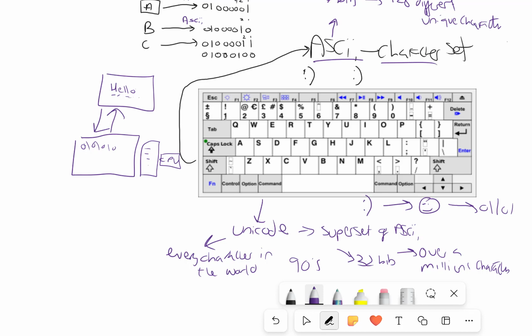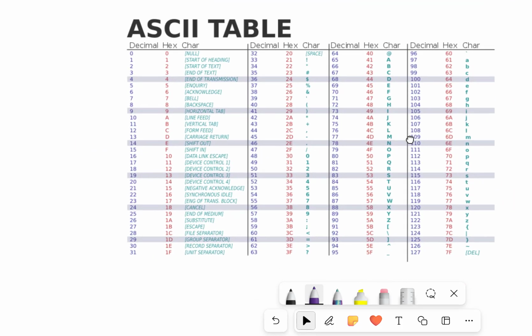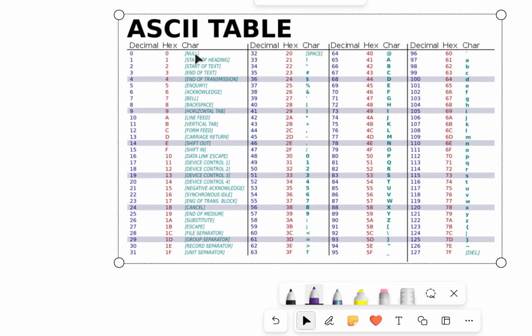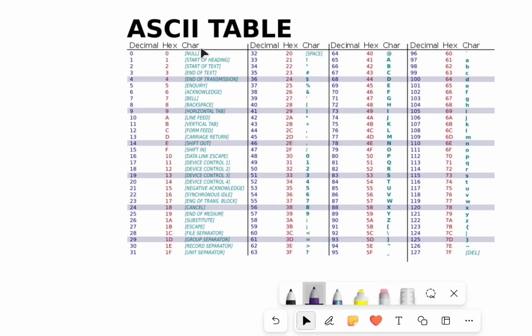So let's finally look at the differences between the two. This is the ASCII table, where, if you look at what really matters, it's going to be this column called char. So that column, that column, that column, that column. So these are all the things you can do. These things you don't really need to be aware of anymore.